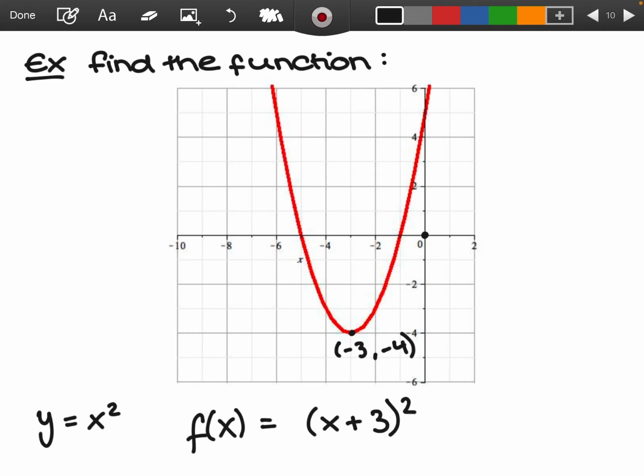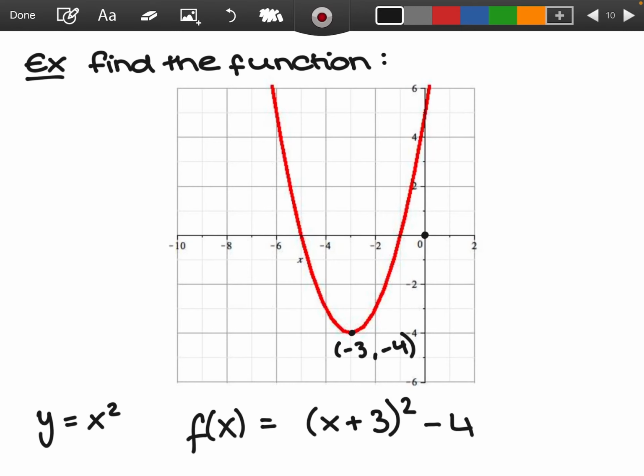And then outside my parent function, I've got -4, I've moved it down by 4 units, which would give me this function. Whenever you do this, my recommendation, just to make sure that they haven't done any stretches or compressions or anything, is to check one other point on the graph to make sure that it matches with that particular translation.